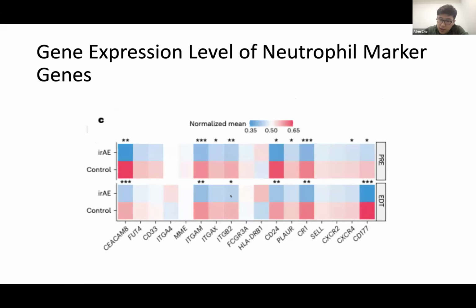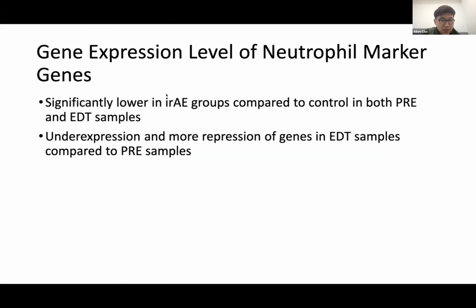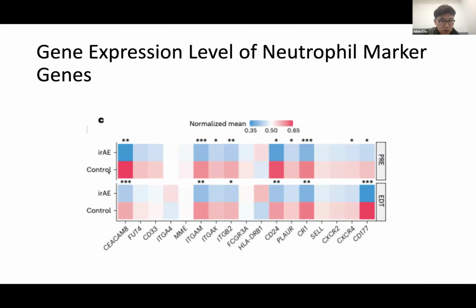And in this graph, it's actually very confusing to understand, but as I mentioned, they found a decrease within both the pre and the EDP samples compared to the control. And when you look, as it gets brighter or more red, we should see that there is a difference between each of the expressions.